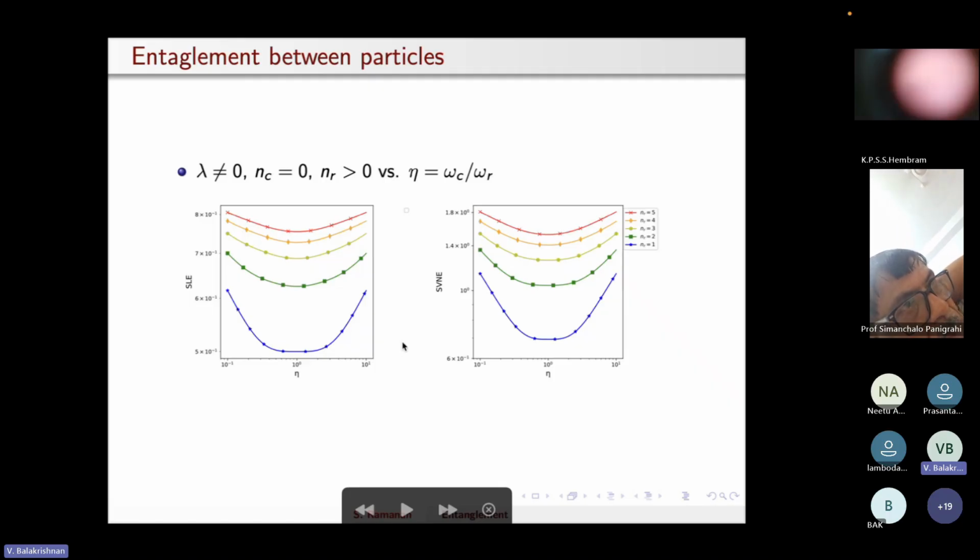Then you get sensible results. And you see that if I choose a reasonable value of eta, then as NR increases, the entanglement measures also increase along with the binding.